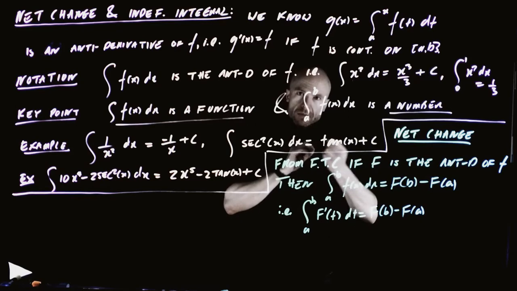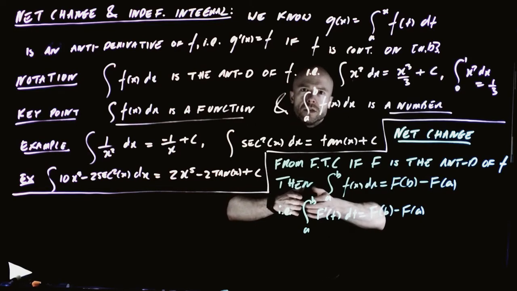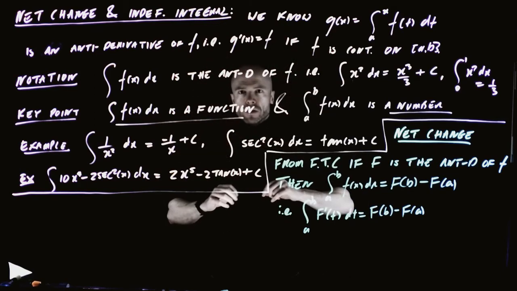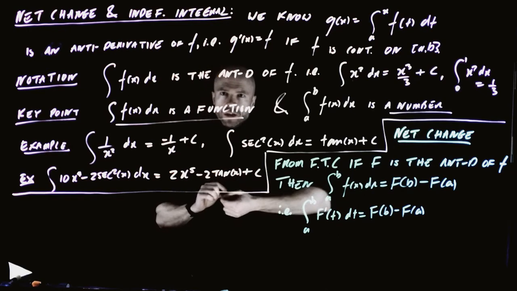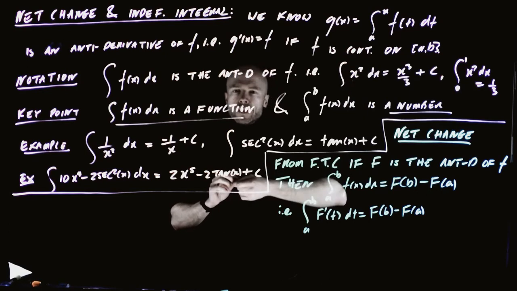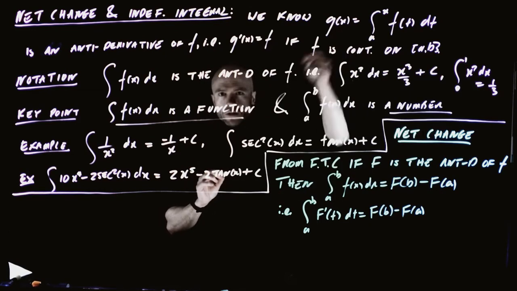Millisecond by millisecond, we will know exactly what the velocity of our rocket ship is. As we go off in a straight line, we will be able to work out how far we're going by integrating up this velocity. The net change in our position will be given by the integral of this velocity.